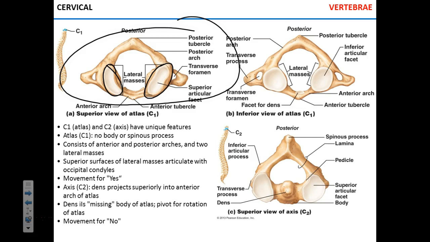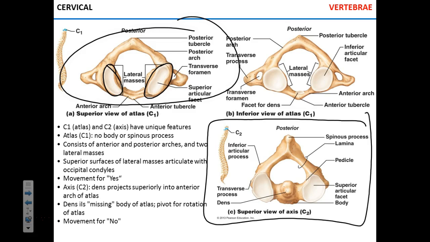The second cervical vertebrae is called axis. If you cannot recognize axis, you're blind, because it has a structure which sets it apart from any other vertebrae. The structure is called dens.